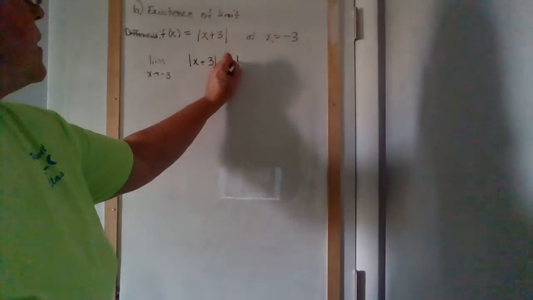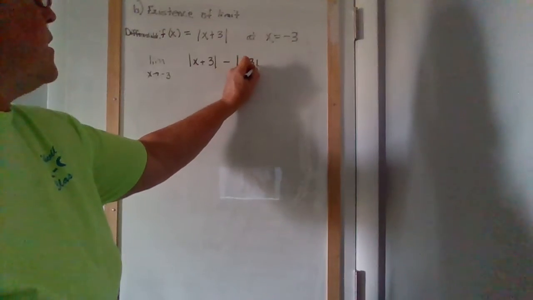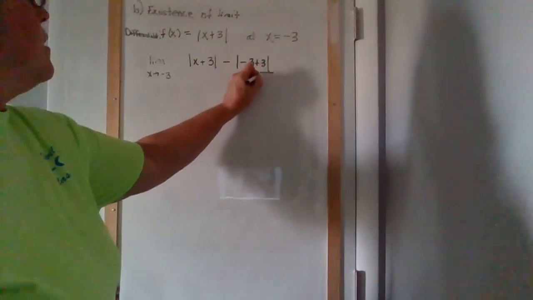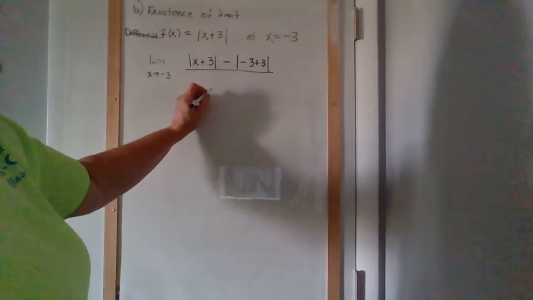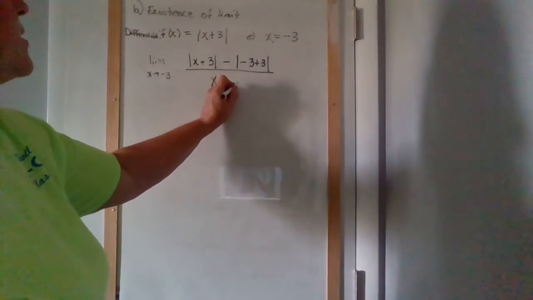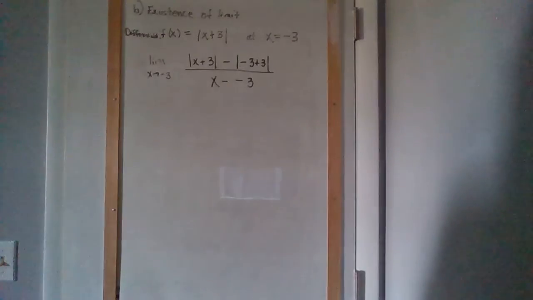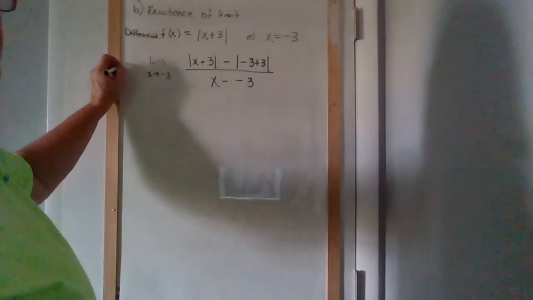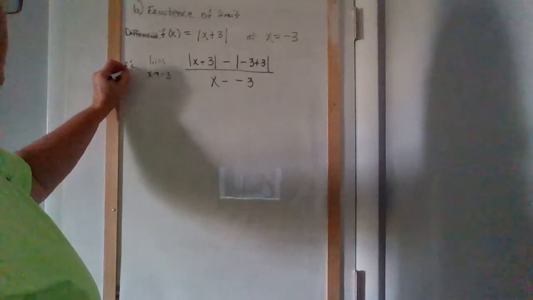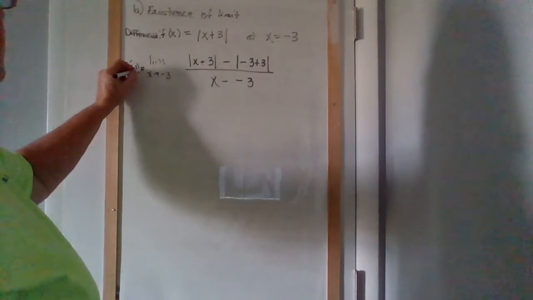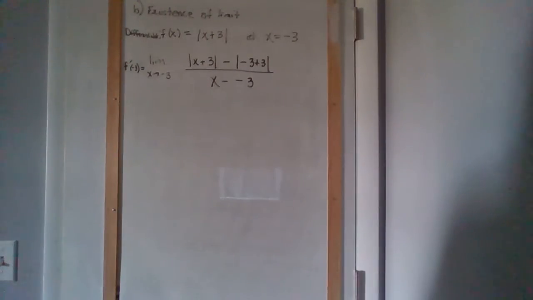That means I'm going to be plugging -3 into the x over x minus my c value, which was -3. So I have to check and find out if f prime of -3, that's really what I'm looking for here, if that limit exists. And if it does, then I know that it's differentiable at -3. And if it does not, then I know that it is not differentiable at -3.